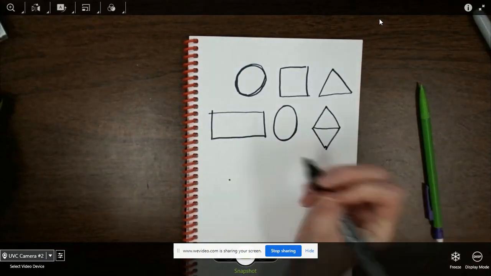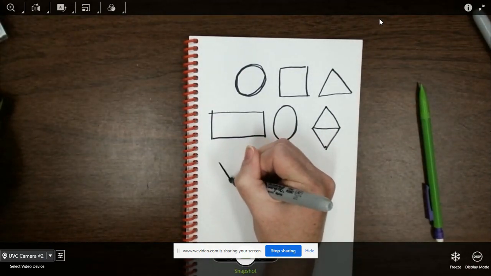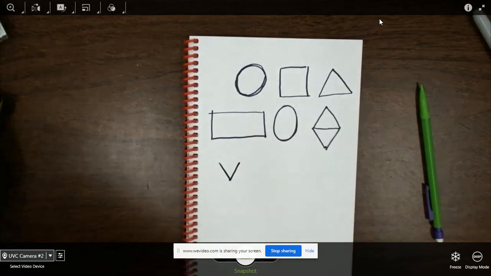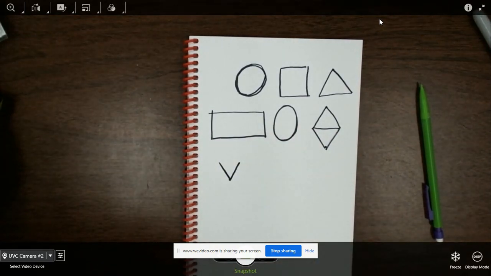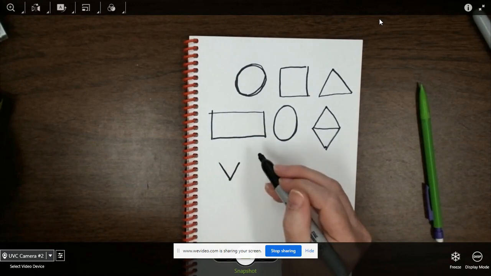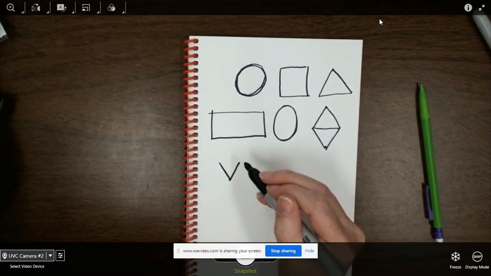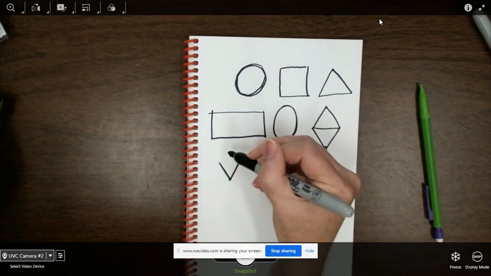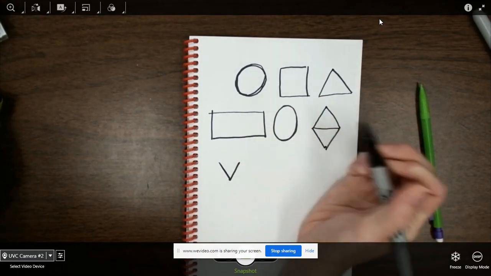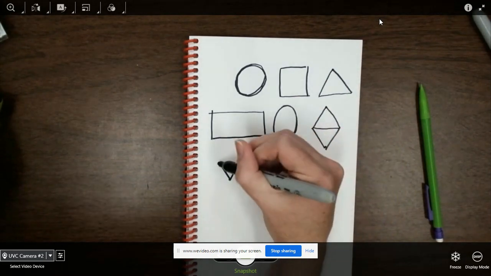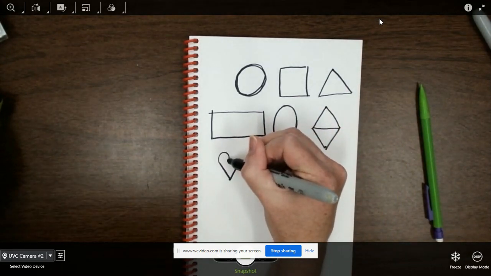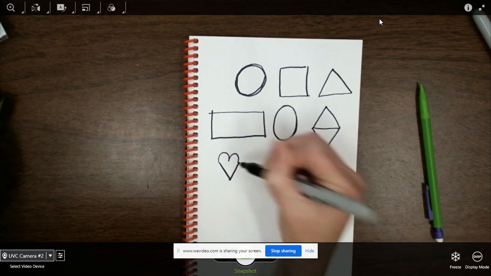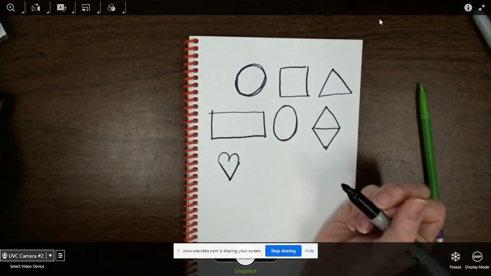I'm going to put a dot to help me, and then I'm going to do the letter V, or my zigzag line to my dot. The top of a heart would just be a bumpy line. A hop to the middle, a hop to the other side. That's pretty good looking.